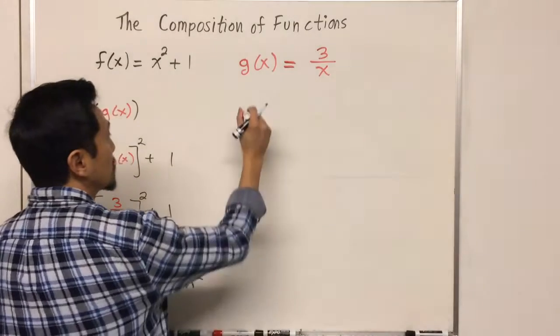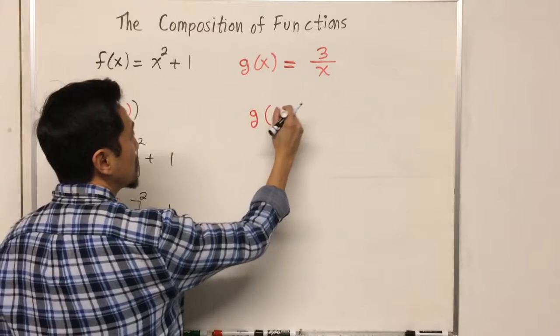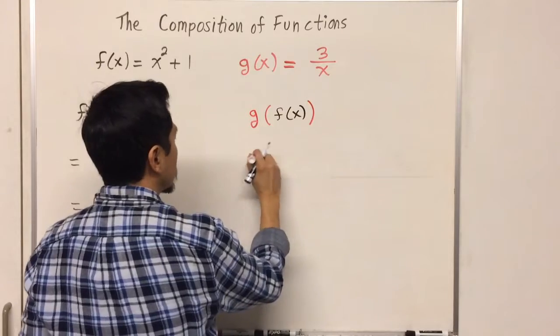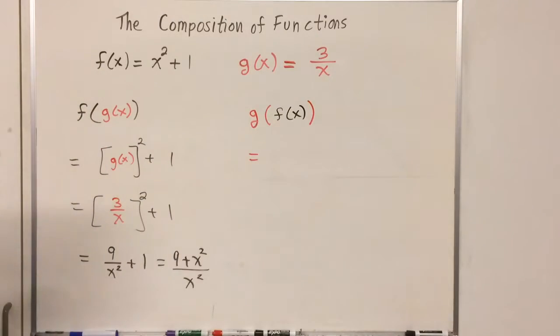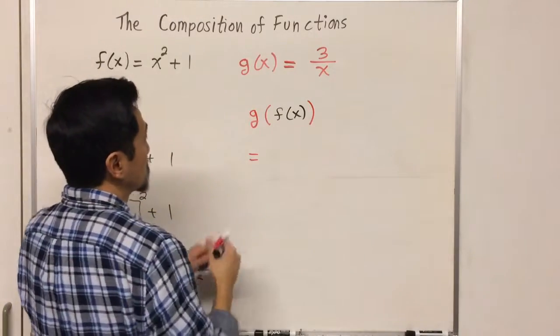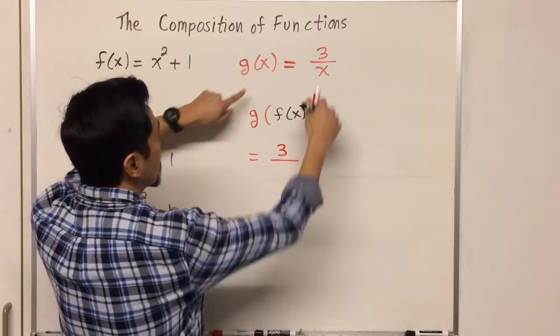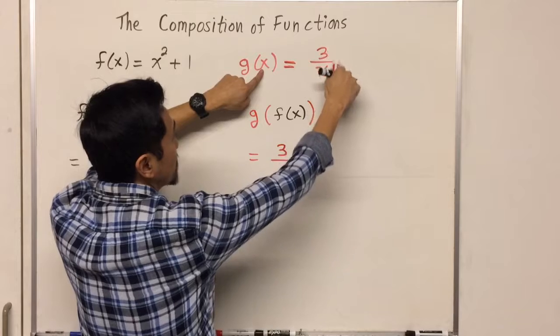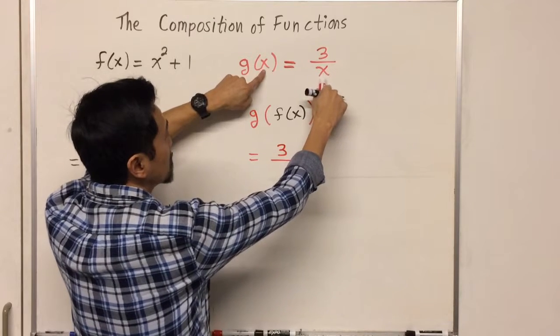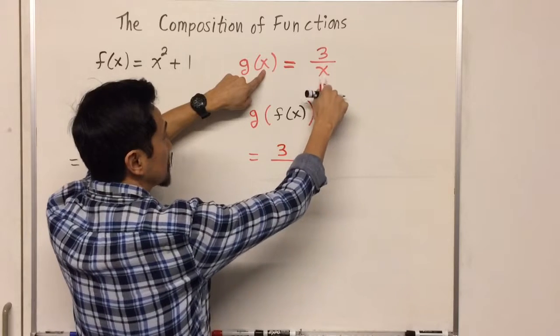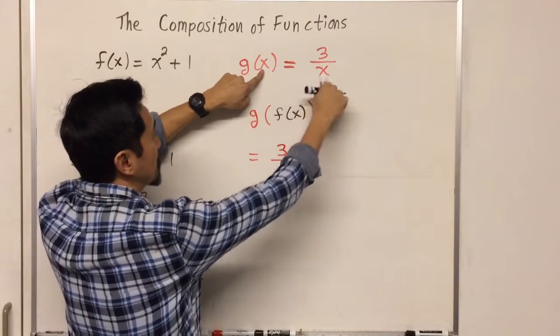And the next one, let's find g of f of x. So what does g do to its input? Well, g will take the number 3 and divide it by whatever your input is. So remember, that denominator for your output is the exact same thing as your input.